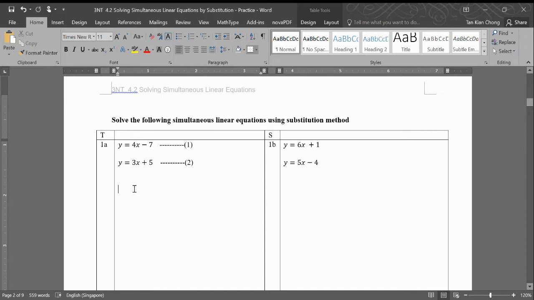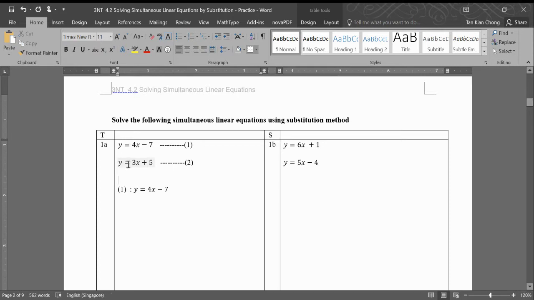Now from equation 1, I have the equation y equals 4x minus 7. I'm going to just write it down first. Then I'm going to refer to the second equation. The second equation also starts with y.